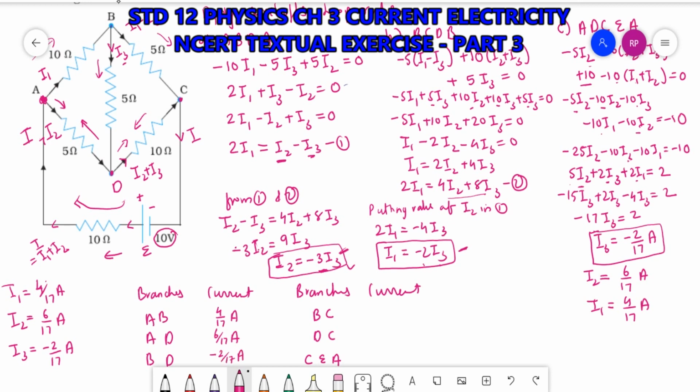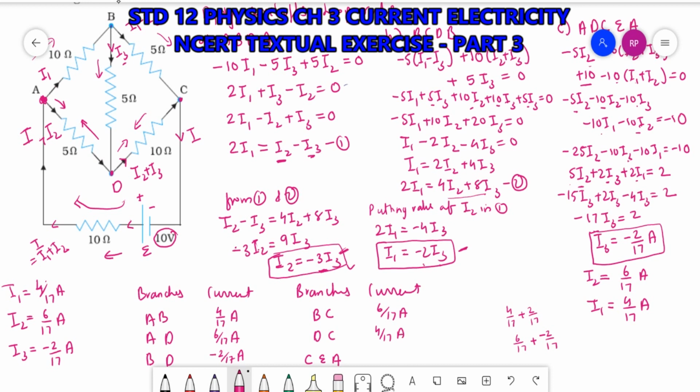This means that current of 2 by 17 ampere flows from D to B. Now in branch BC it's I1 minus I3. So I1 is 4 by 17 minus I3. So I3 is minus 2 by 17, so plus 2 by 17. So 4 plus 2, it will be 6 upon 17 ampere. In branch DC, I2 plus I3. So 6 by 17 plus I3, it means minus 2 by 17. So 6 minus 2, 4 by 17 ampere.